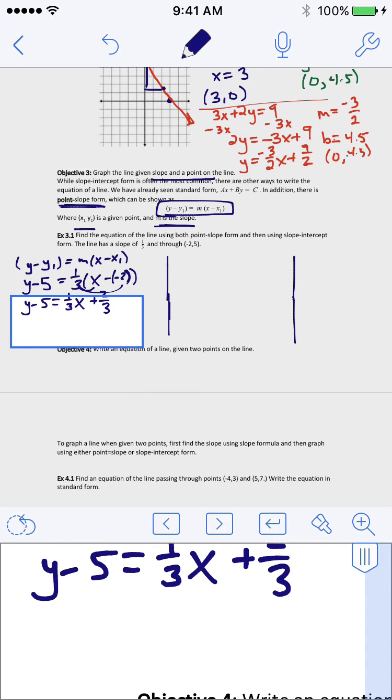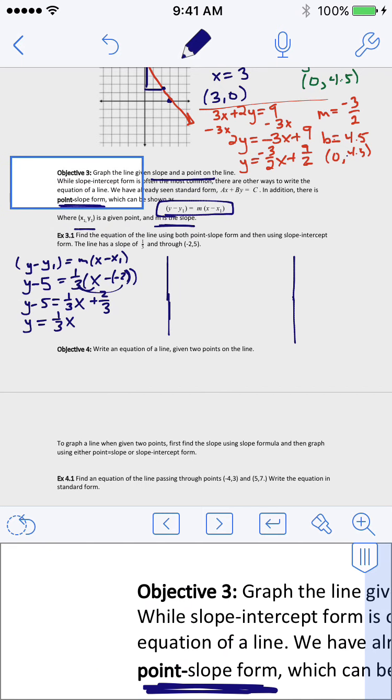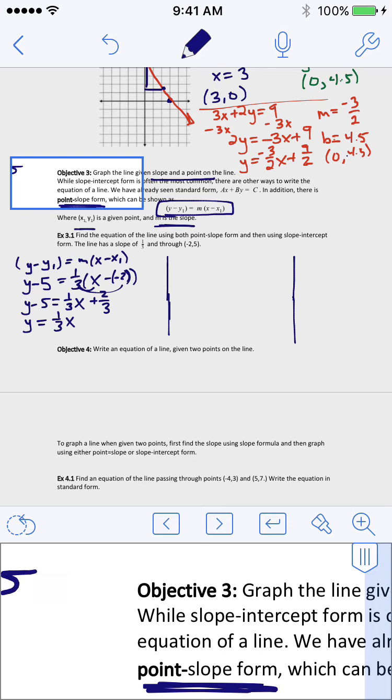Awesome. And then we'll take care of the -5 over here because that's a little strange to have constants on both sides. So we'll add 5 to the other side. 5 plus 2/3. That's going to be a little tricky. So let's go back up here. We'll use this little space over here. 5 plus 2/3.